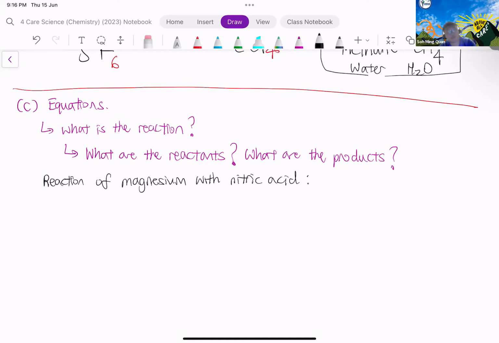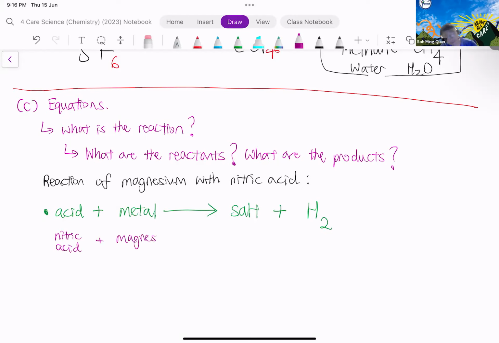Okay, so let's start with acid reactions. The first reaction, of course, is acid plus metal. Acid plus metal forms salt and hydrogen gas. Okay, so you form hydrogen gas from acid plus metal. So for example, if it's nitric acid plus magnesium metal.